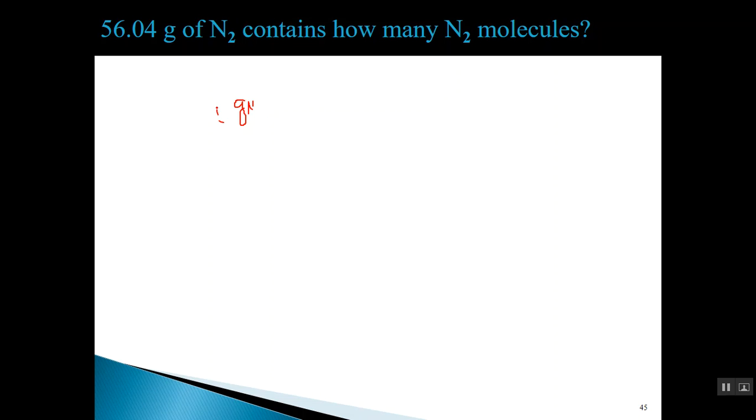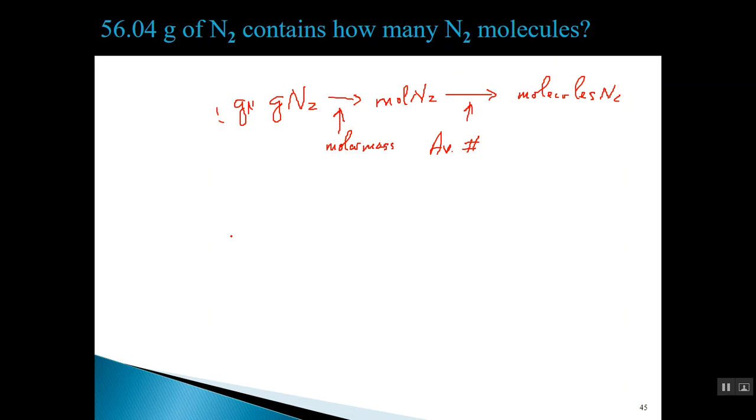The grams of N2, I would convert that to moles of N2. And to do that, we're going to need the molar mass. And then I'll convert from moles of N2 to molecules of N2. And to do that, I'm going to need Avogadro's number.